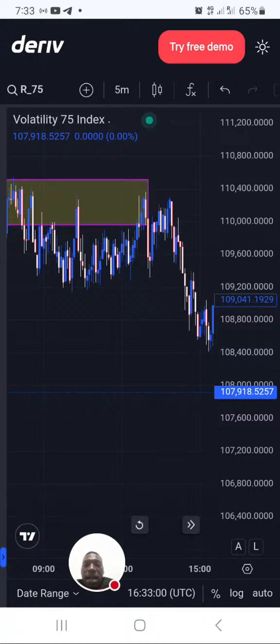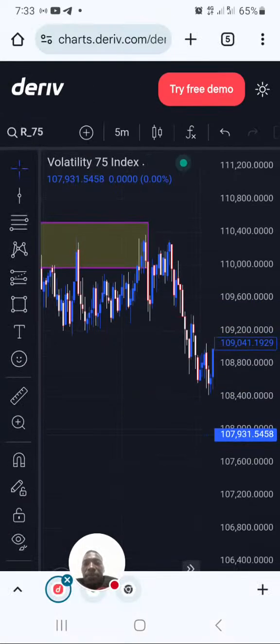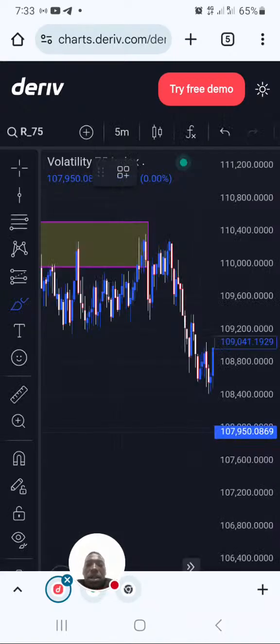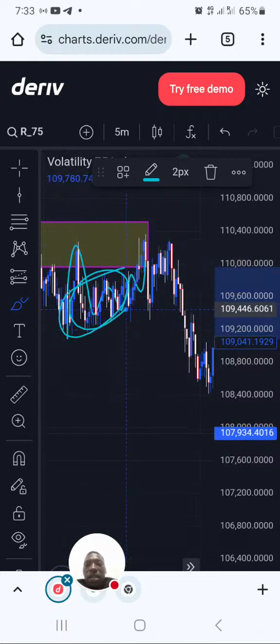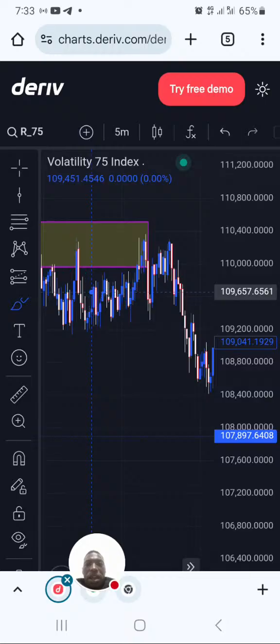Here we had a high, we had a low. Let me bring my pencil here. You can see the market moved up, we moved down, we moved up, we moved down, like that. So we have to wait for the market to start printing this. If the market starts printing this, we wait for something to happen like this. This is what we have to wait for.